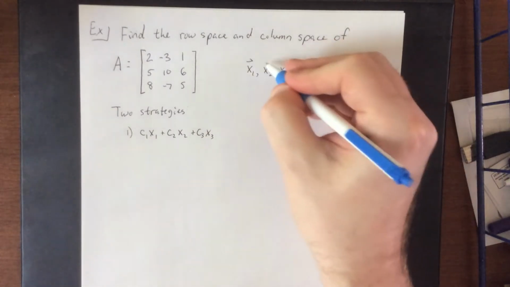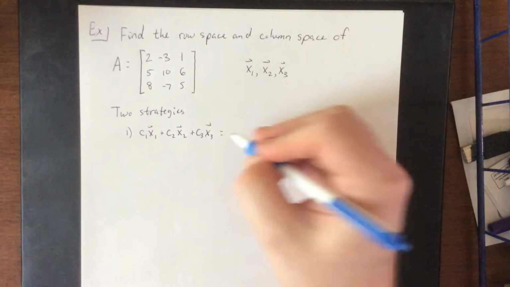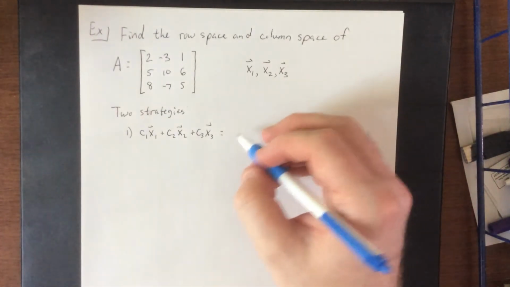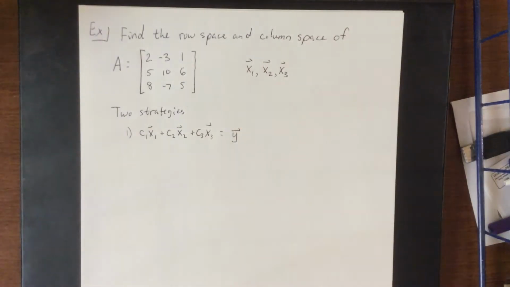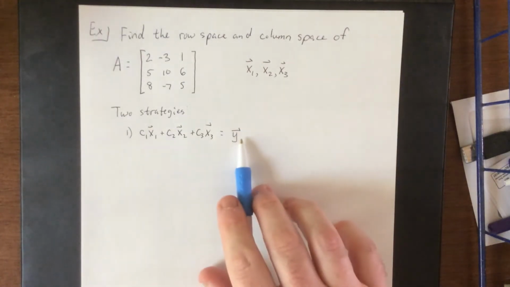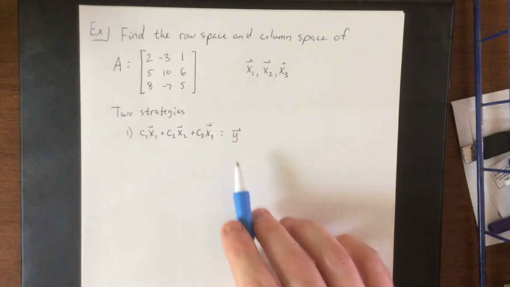Yes, technically these would be vectors, so let's give them little vector symbols. And set it equal to a generic vector in R3, something along the lines of, I don't know, vector y. Then figure out if we can get any constraints on the variables that we use for y.